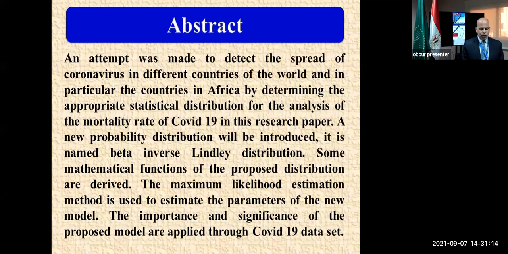Some mathematical functions of the proposed distribution are derived, and the maximum likelihood estimation method will be applied. It is used to estimate parameters of the new model, and the importance and significance of the proposed model are applied through the COVID-19 data set.